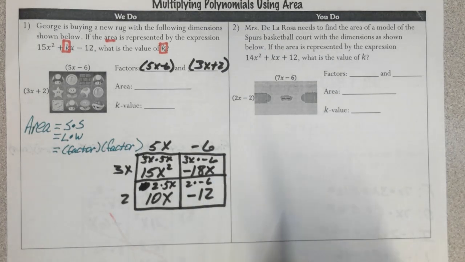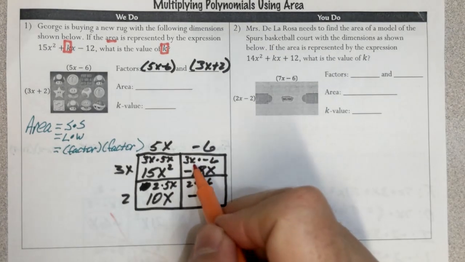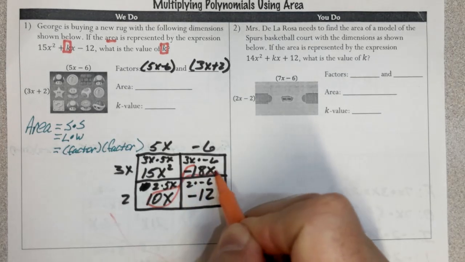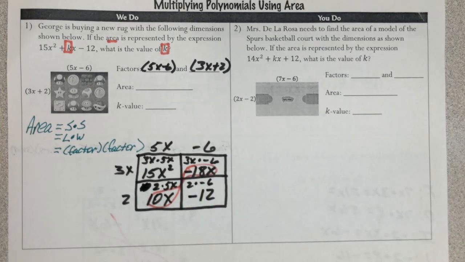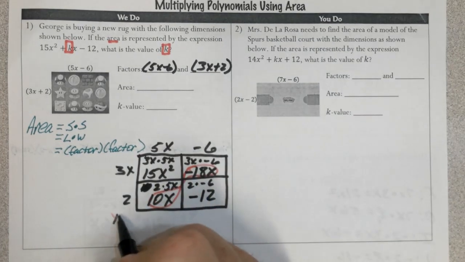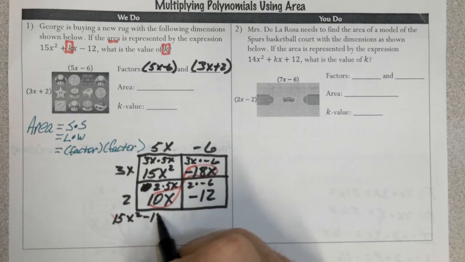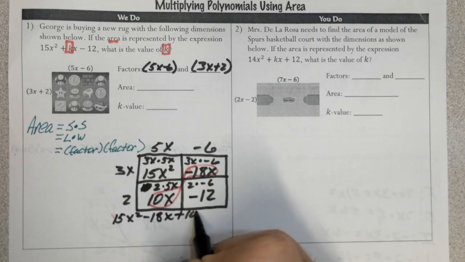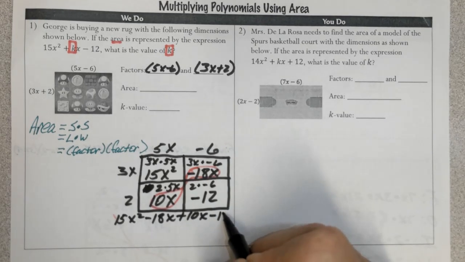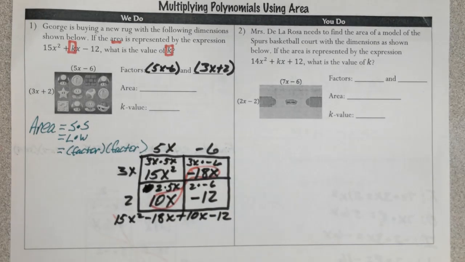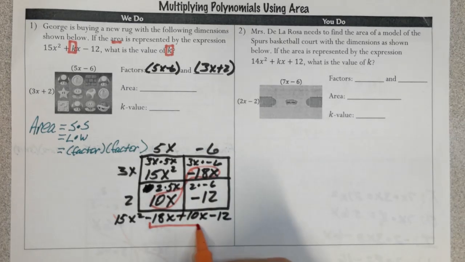So now we will end up combining these two boxes. So now we're going to write this out as 15x squared minus 18x plus 10x minus 12. And so now we need to combine these like terms here.